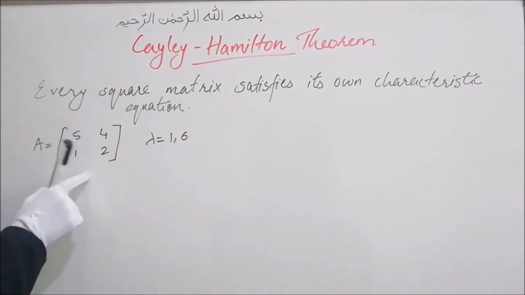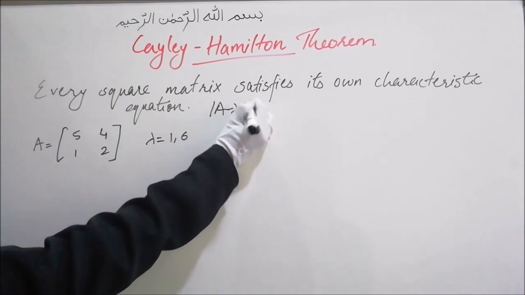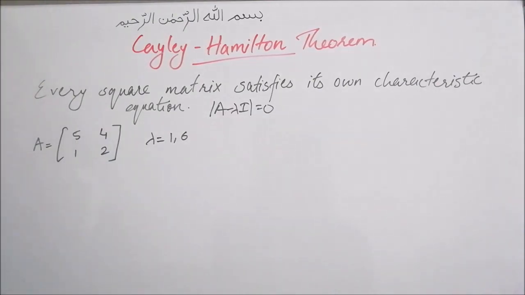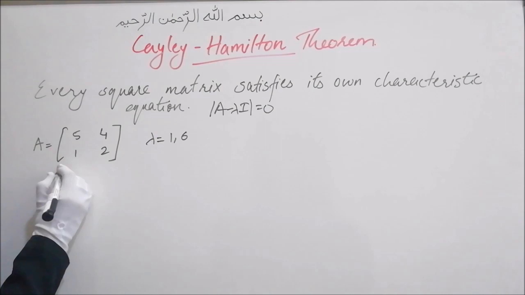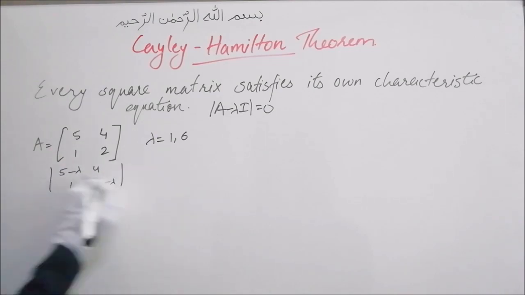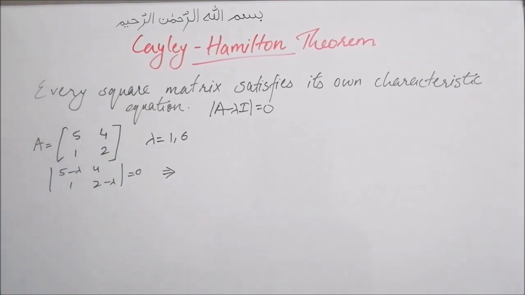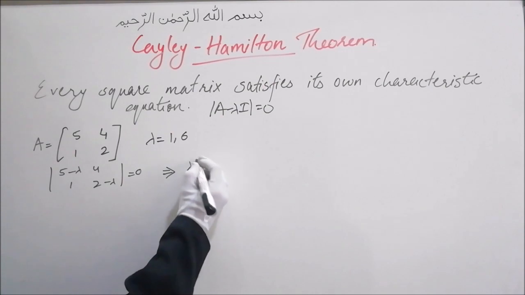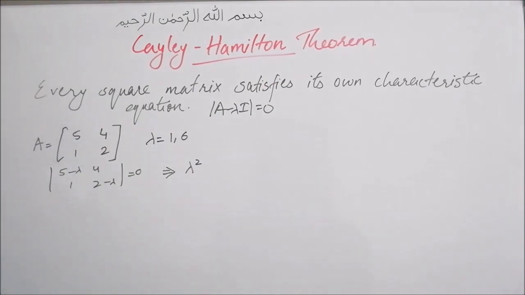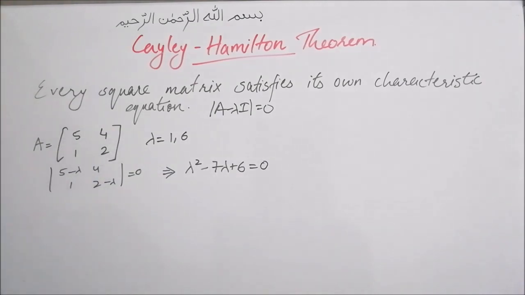Its characteristic equation is determinant of A minus lambda I equal to 0. Taking the characteristic equation, you get the determinant of 5 minus lambda, 4, 1, 2 minus lambda equal to 0. Solving this, we get a quadratic equation, lambda squared minus 7 lambda plus 6 equal to 0.